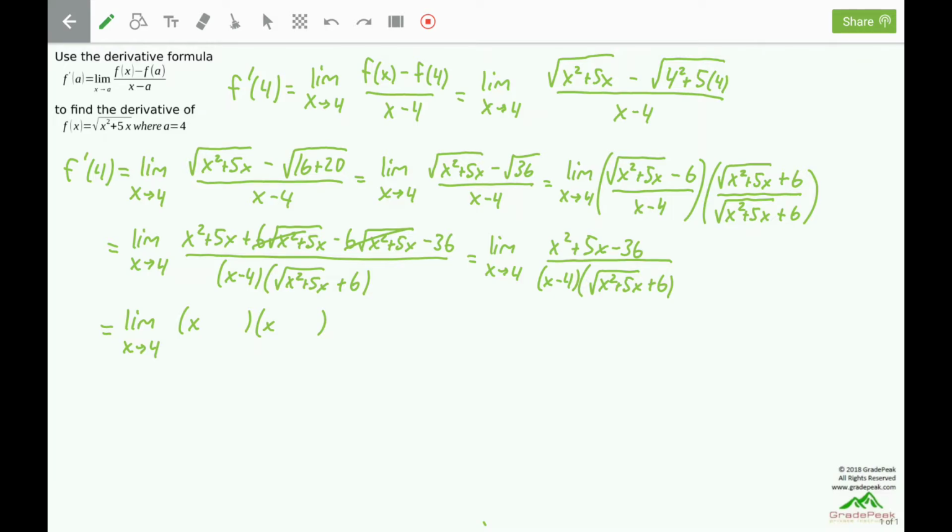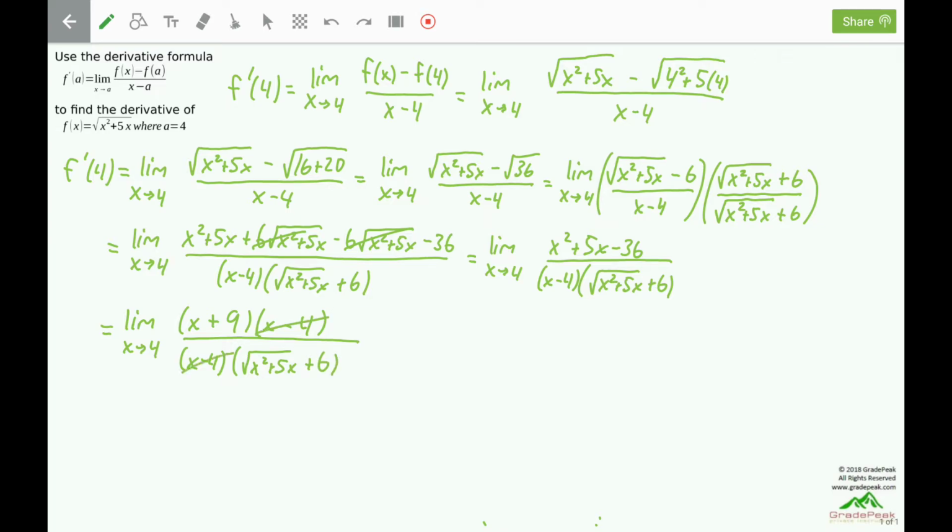That can't give us a 5. It can be a 4 and a 9. That sounds good. Because we want a positive 5, it sounds like maybe a positive 9 and a negative 4 will take care of that. And there's our x minus 4 in the numerator, that we'll be able to cancel with the x minus 4 in the denominator.